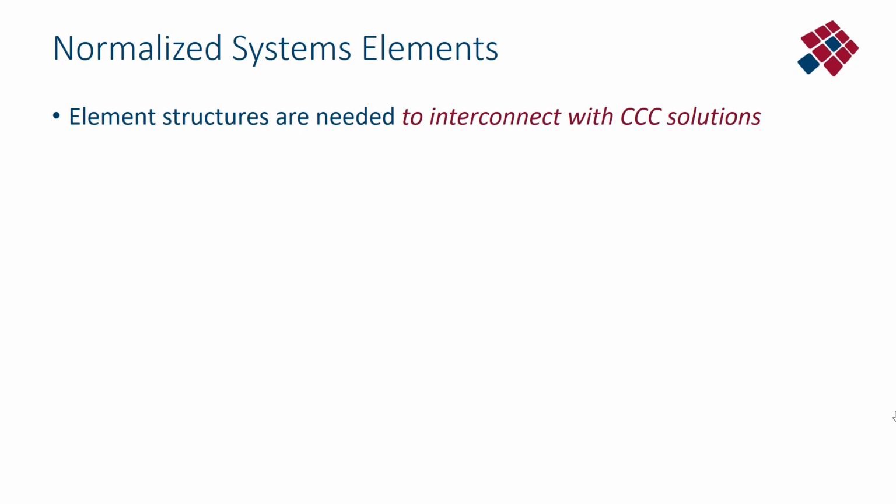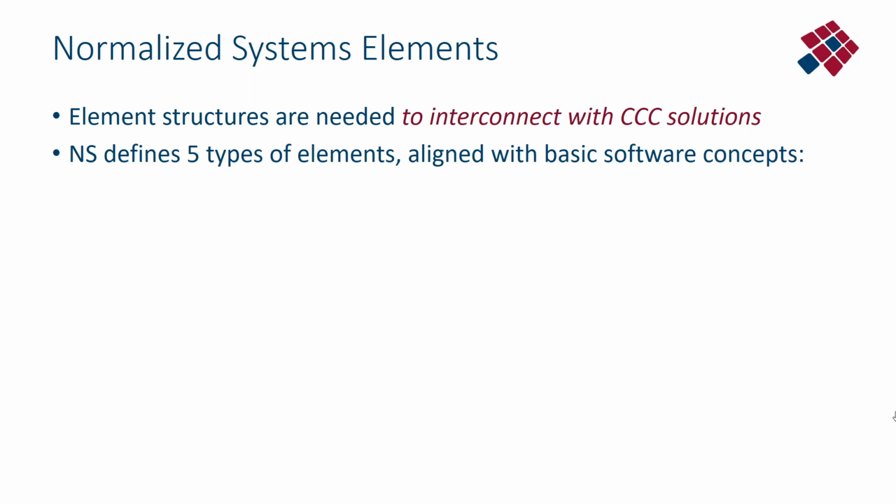Therefore, what are normalized systems elements? Well, normalized systems elements are element structures around central classes that implement functional entities like data or actions or tasks. But these central classes are surrounded by a whole structure, a set of other classes to interconnect with the various solutions of the cross-cutting concerns.